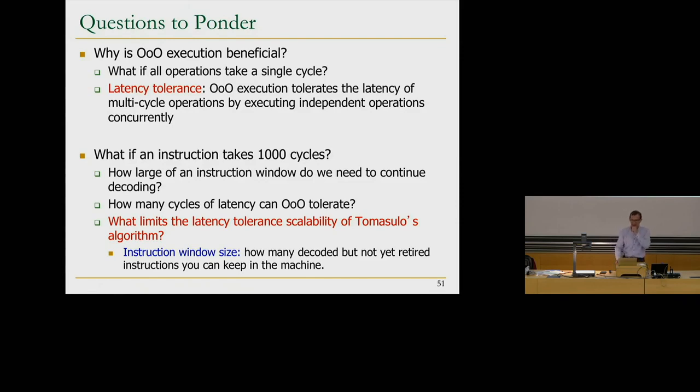Yes, absolutely. It's really a combination. But people try to minimize the size as much as possible because it consumes power. So ROB size may be larger than individual reservation station sizes, because reservation stations don't need to hold the instructions that have finished execution but not yet retired, whereas the ROB needs to hold those.